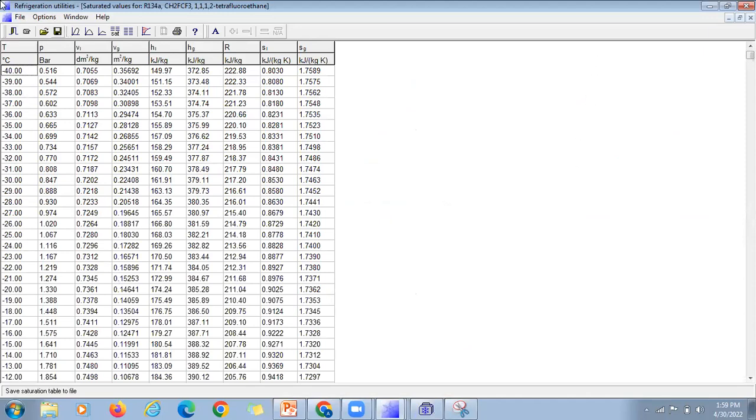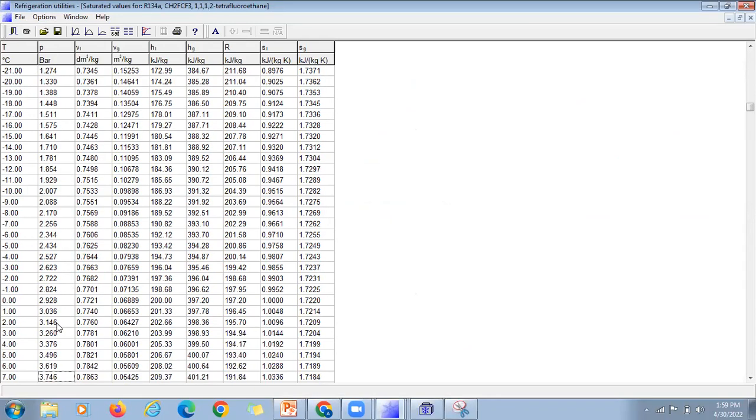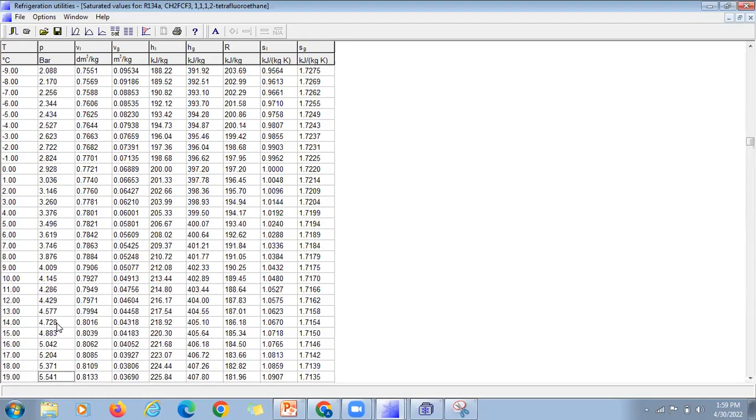So I think in your smart device, you can see this. The first column is temperature in Celsius, the second column is pressure in bar, that is absolute pressure.